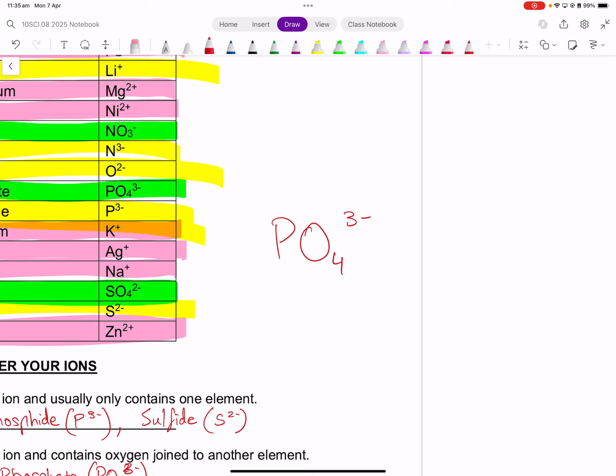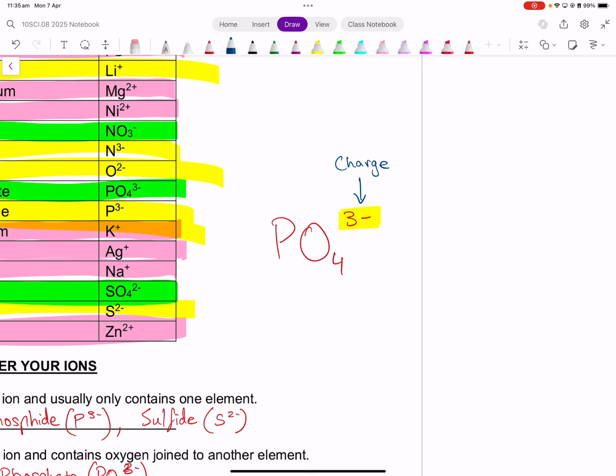Number 1, what does this portion here mean, this 3-? What could we refer to that as? It is going to be the charge. Great. So this here is the charge. I won't use red because I've already done that. That there is the charge.